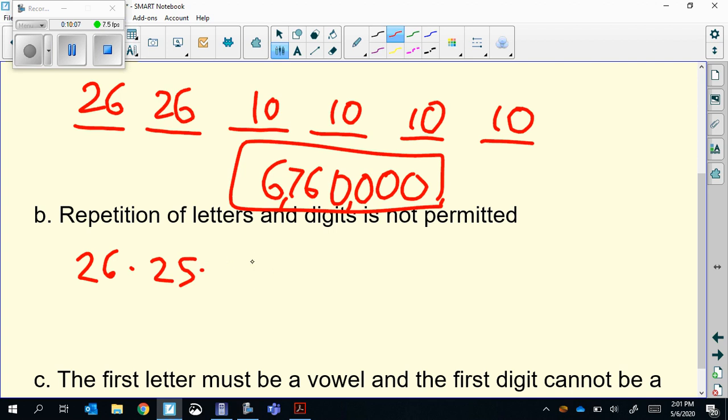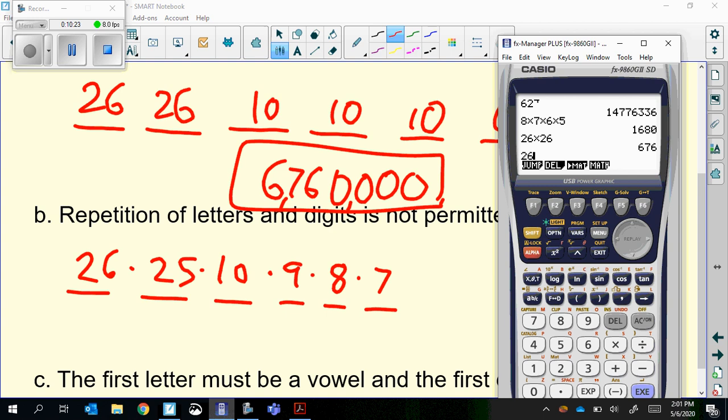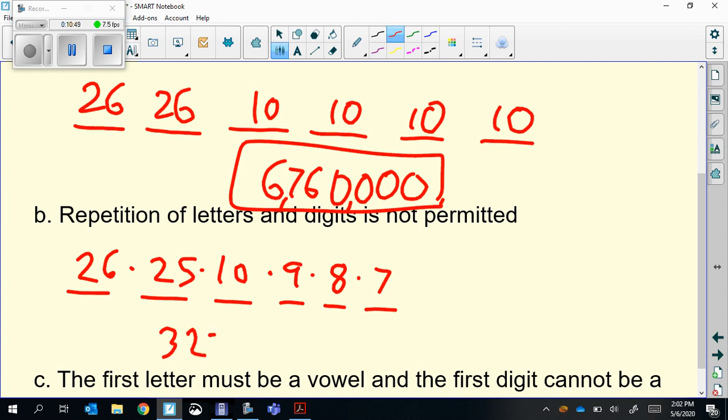And then starting over with the digits now, there's 10, but we can't repeat, so then that's 9 and 8 and 7, but it's the same 2 letters, 1, 2, 3, 4 digits, 4 numbers there. 26 times 25 times 10 times 9 times 8 times 7. 3276 with 3 zeros.